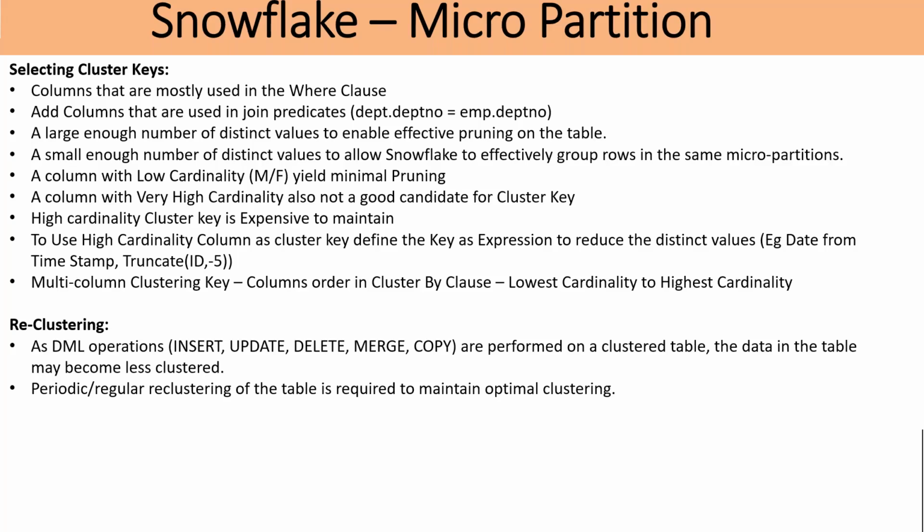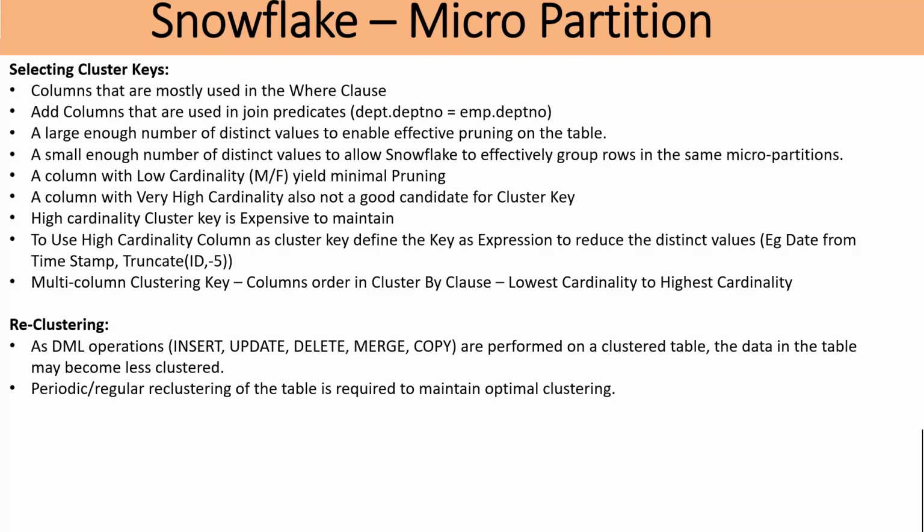And a small enough number of distinct values to allow Snowflake to effectively group rows in the same micropartition. If you have a distinct primary key kind of thing, then it has the range and it becomes easy for Snowflake to identify and get you the data fast.